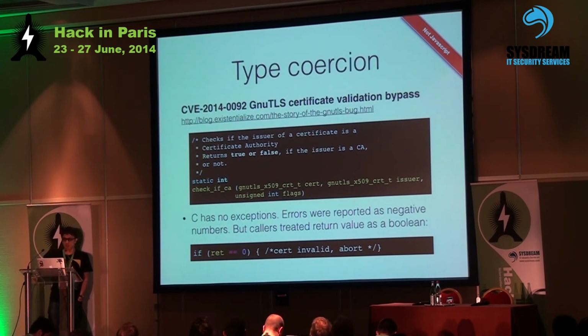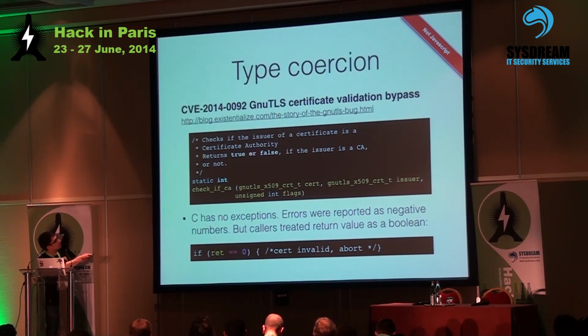This is a vulnerability from this year in GnuTLS, and it allows you to bypass certificate validation. What happens? There's a checkIfCA function, which is called whenever you need to validate whether the certificate was issued by a trusted issuer.